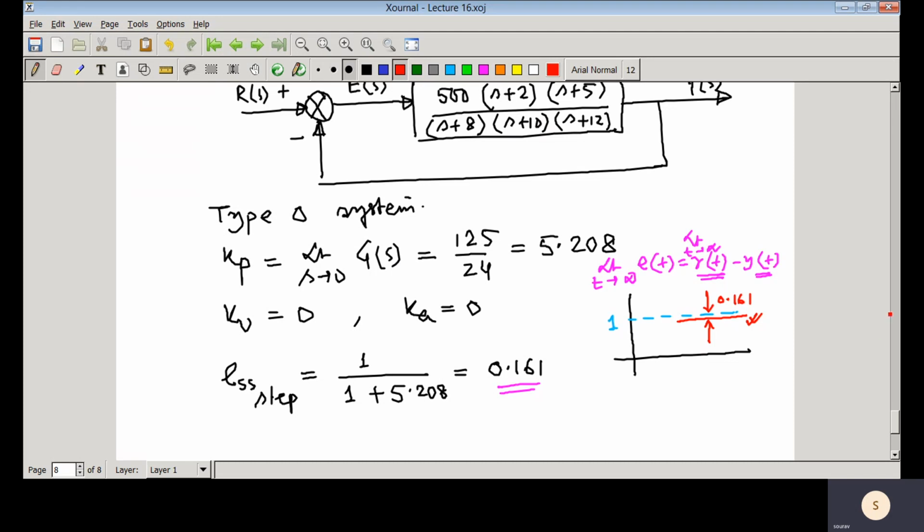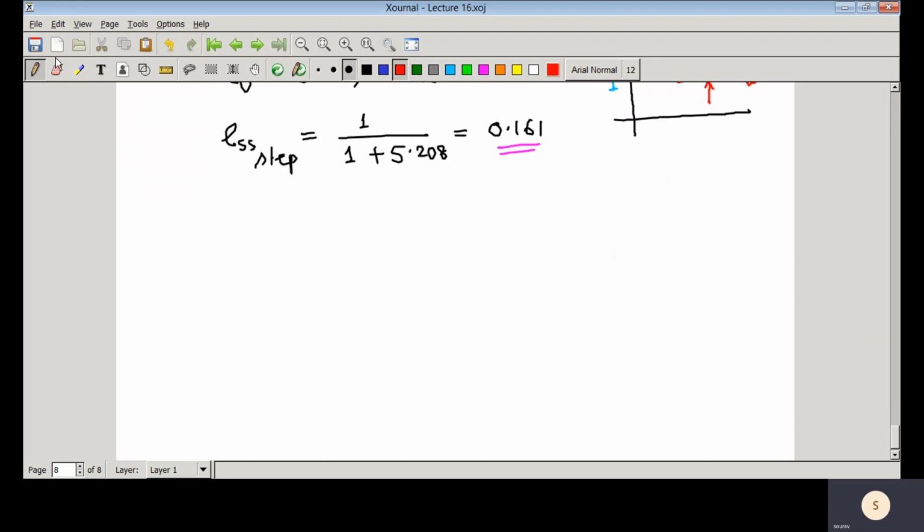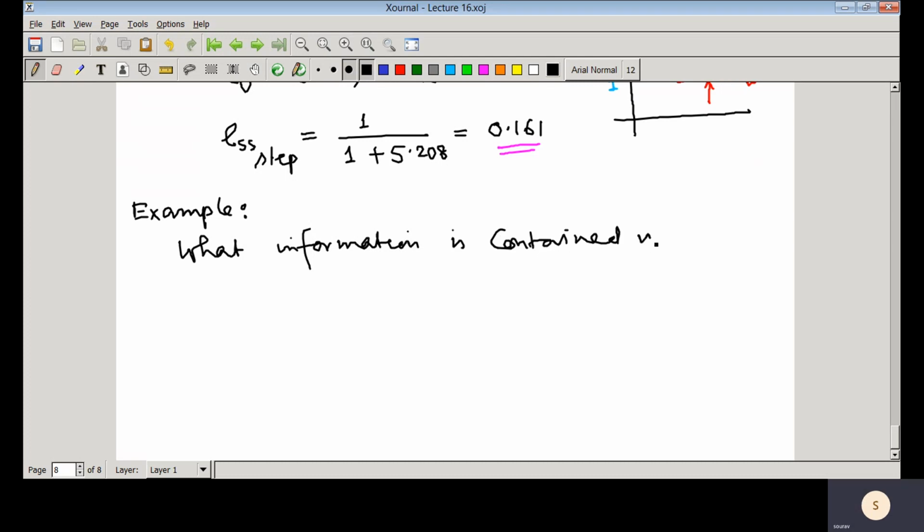So now one interesting comment, or example you may say: what information is contained in the specification Kp equal to 1000?